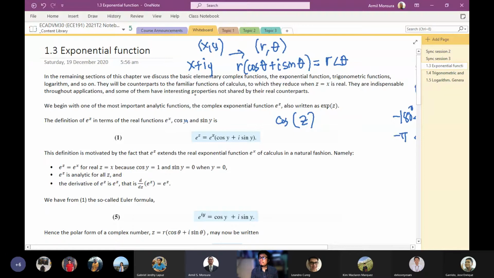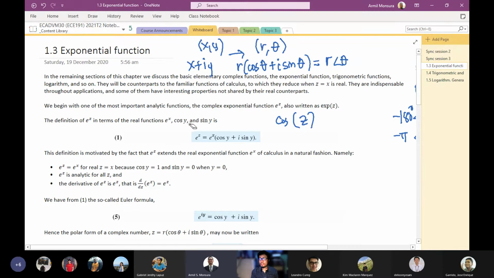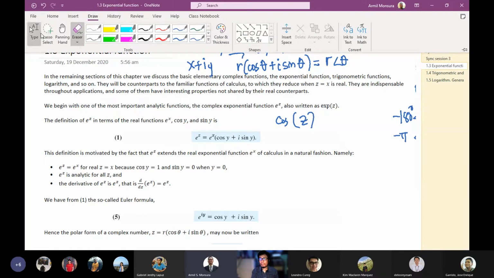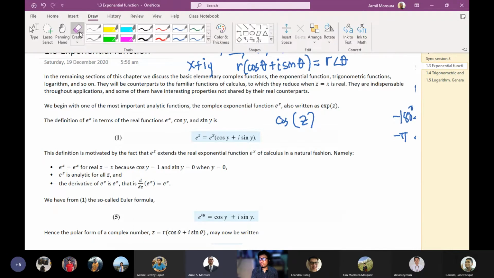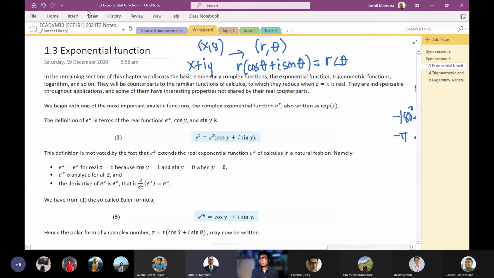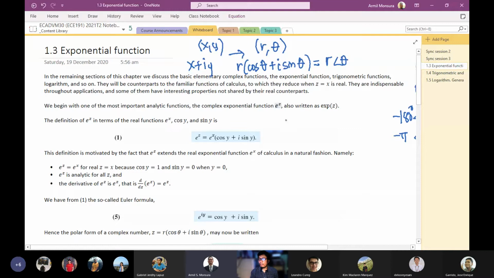What we will have to do is simply extend the definition of your real exponential number, which has the form e raised to x.